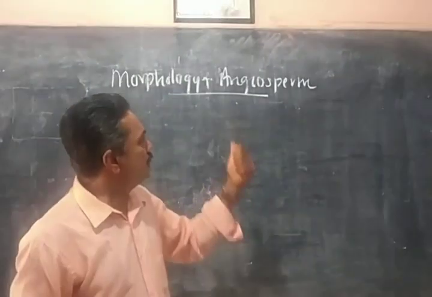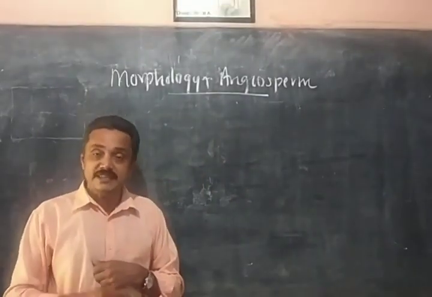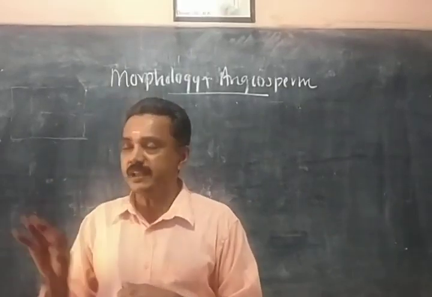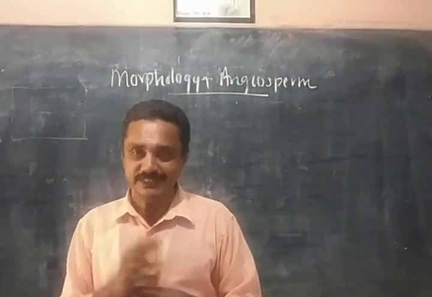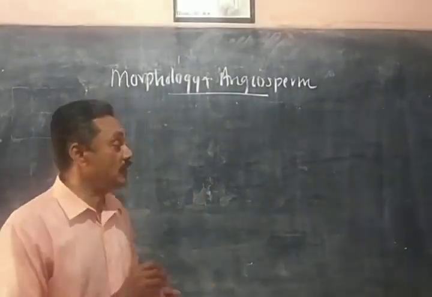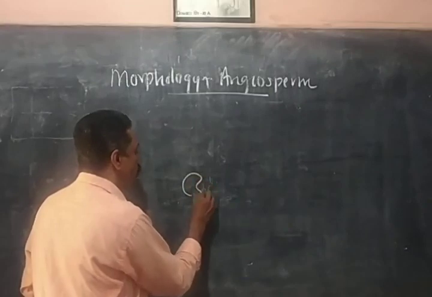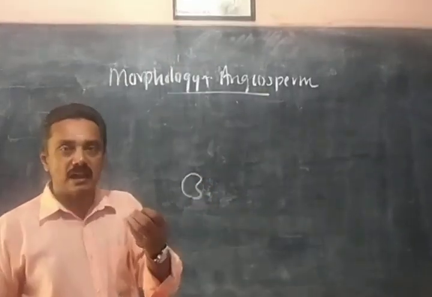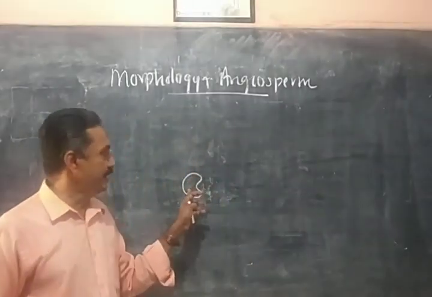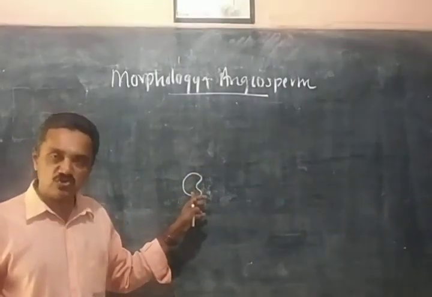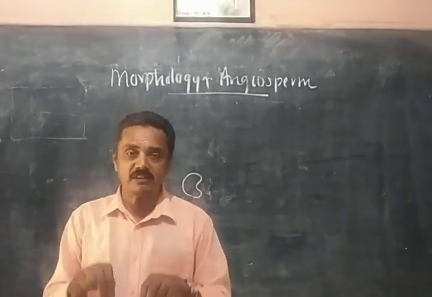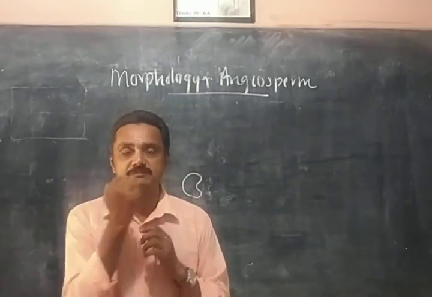See the morphology of angiosperm chapter. The typical flowering plant in the surrounding consists of 2 parts. Every angiosperm plant in the surroundings starts life from seed. Seeds will germinate. Seeds are the material for multiplication. We are producing plant by using seed. Most of the plants produce seed in the surroundings. When the seeds are put in the soil and we are pouring water, it will begin to germinate.